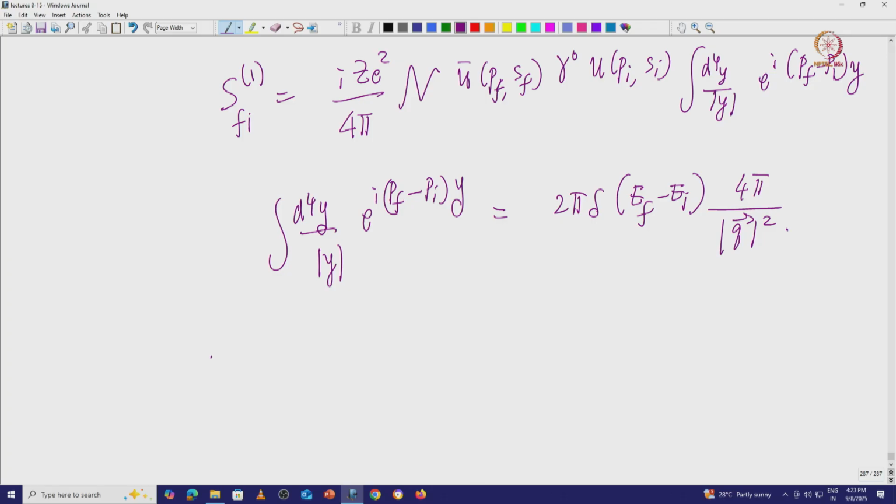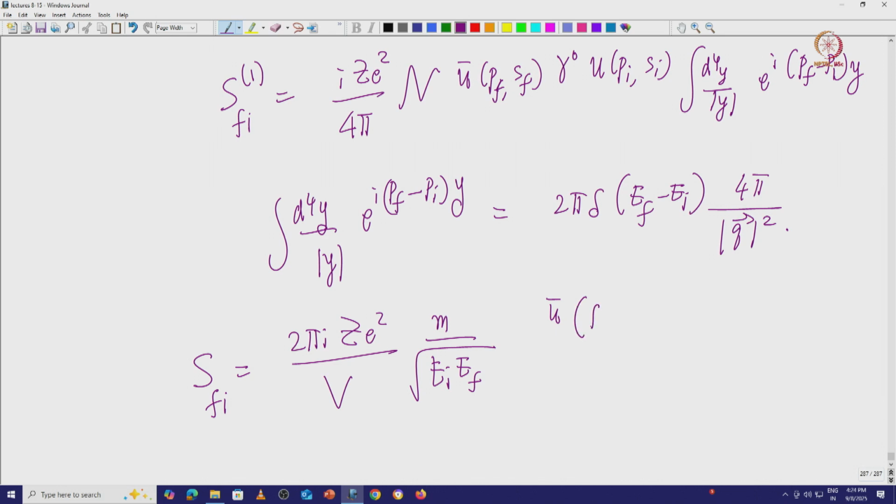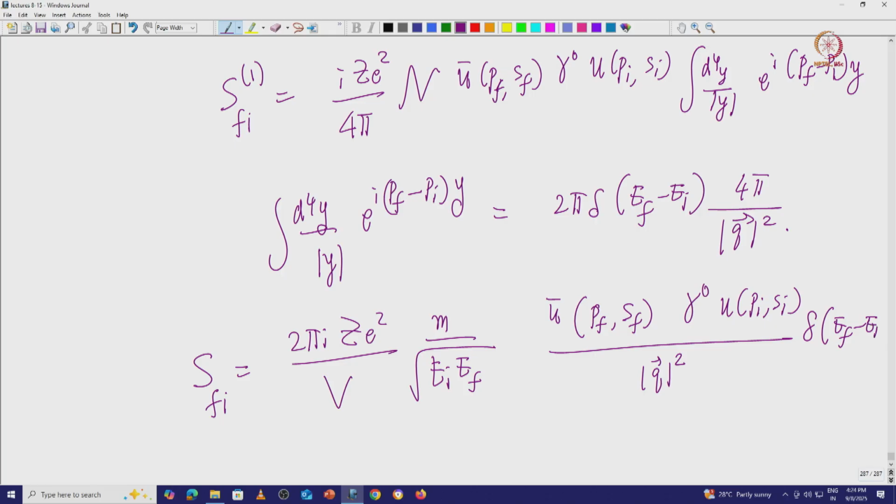So S_fi is equal to 2 pi i Z e squared, some volume factor, m by E_i E_f square root, these are nothing but your wave functions, gamma 0 u of p_i, over mod q squared, delta of E_f minus E_i.